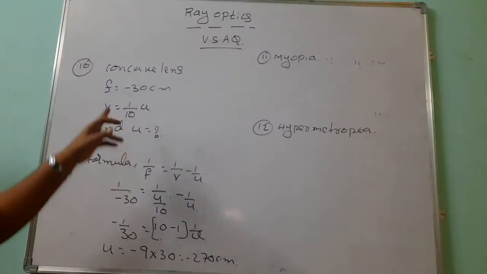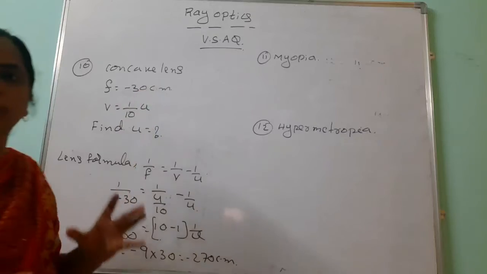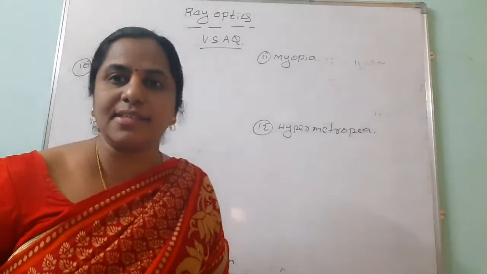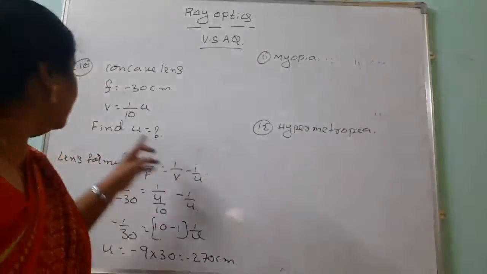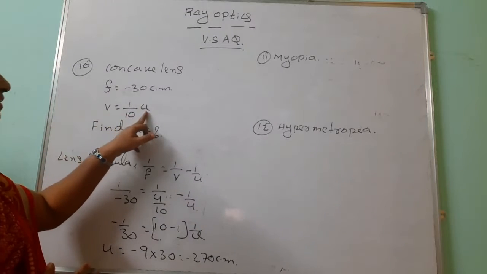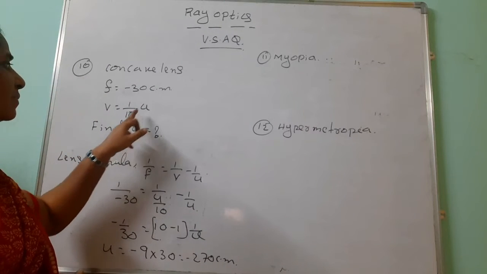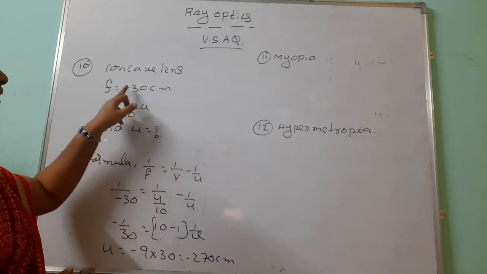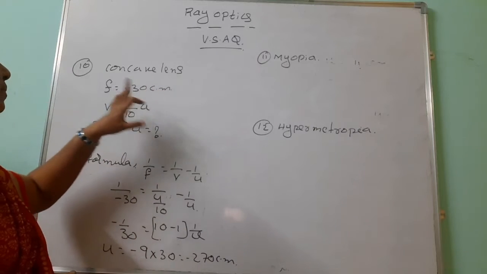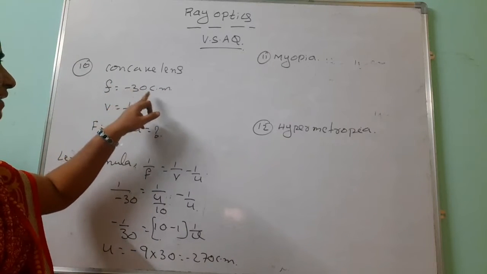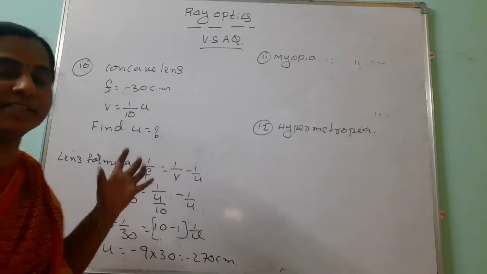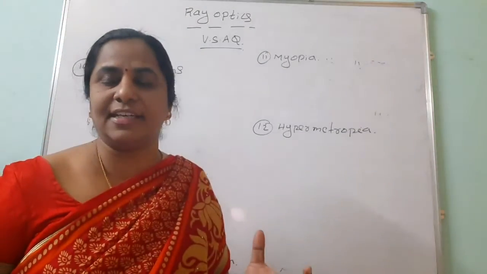The 10th very short answer question: they have given a lens with image distance and object distance related by image distance equals 1 by 10 times the object distance. For a concave lens we should remember the focal length is taken negative, so minus 30 centimeters. In the problem they mention 30 centimeters.